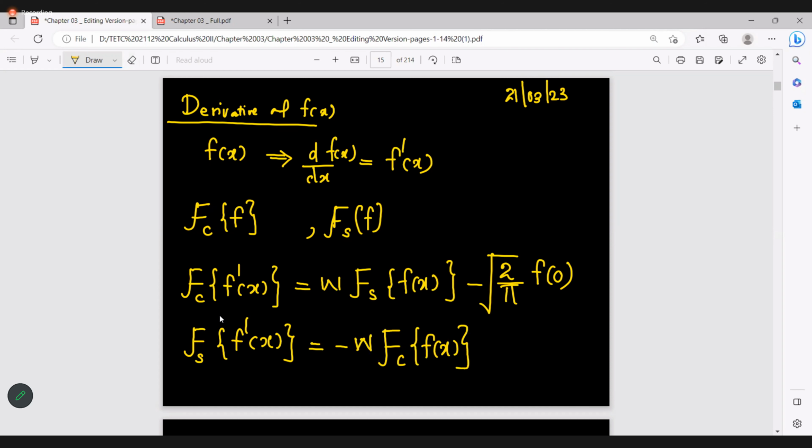That means if we have to find the Fourier cosine transform of the derivative of f, we need to consider this first expression, w times the Fourier sine transform.